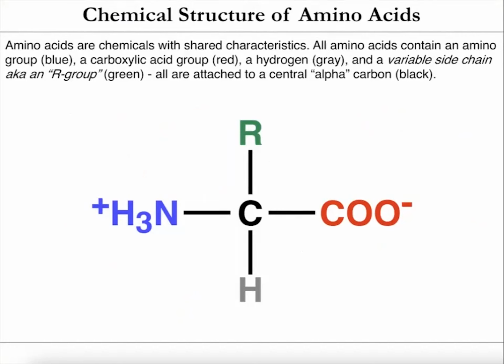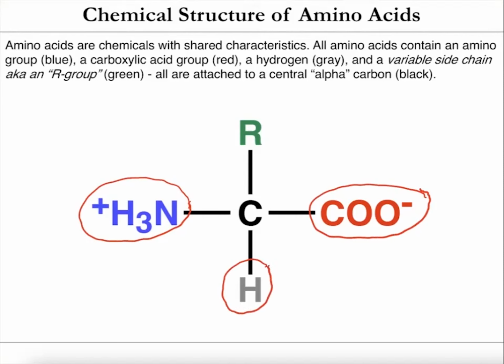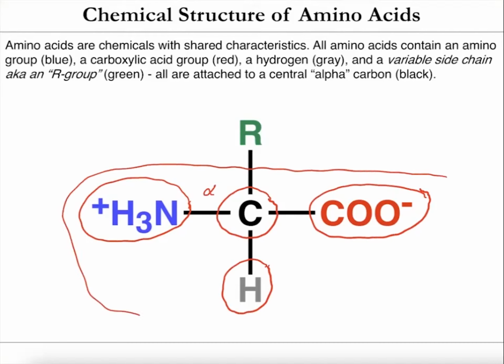All amino acids have this amino group here, which is a nitrogen containing group, bound to a carboxylate group, or carboxylic acid group. And they all have a hydrogen here. All three of these groups are connected to a central carbon, also called the alpha carbon.